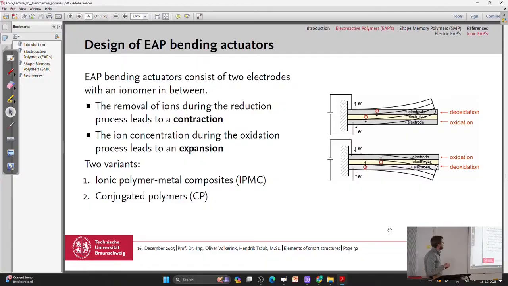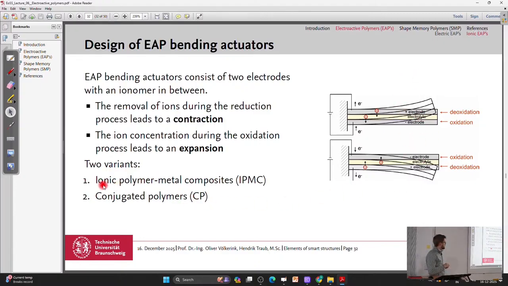And from this we can also build bending actuators, which consist of two electrodes in gray, and the electrolyte material, the ionomer, in the middle. And the removal of ions during the reduction process leads to a contraction, and the ion concentration on the other side during oxidation leads to an expansion, and so we can move it up and downwards by applying fields in the opposite directions.